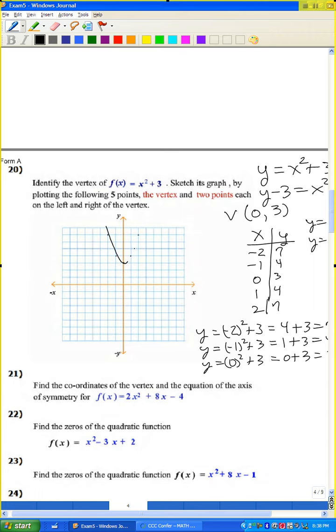Close enough. Okay, so there. So the vertex is at 0, 3. Okay, so that's what it more or less looks like.